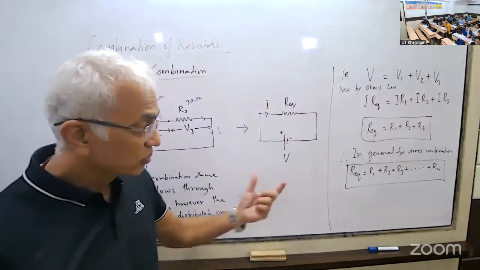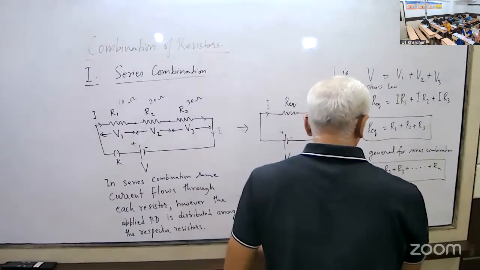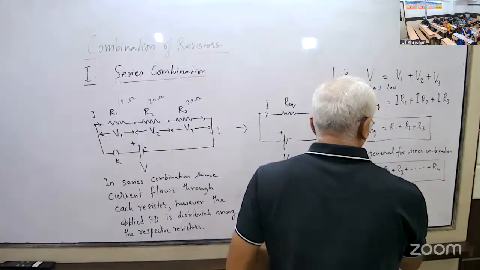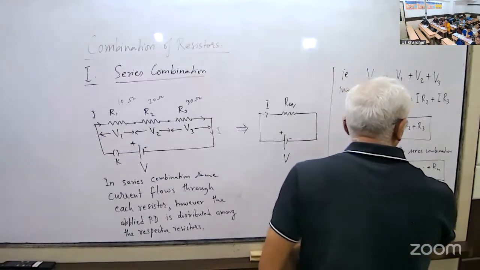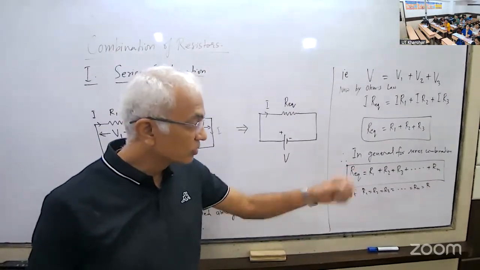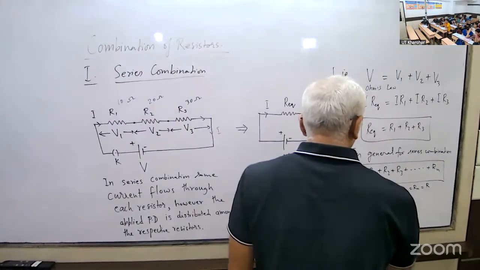And if you have some n resistors of the same value, let's say this was R, all of them were the same, then what will be R equivalent?